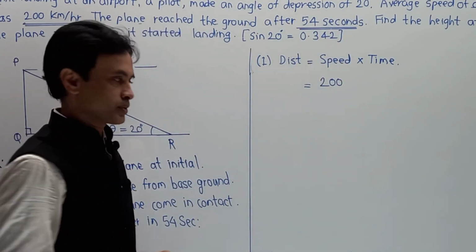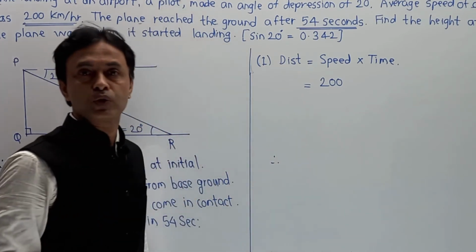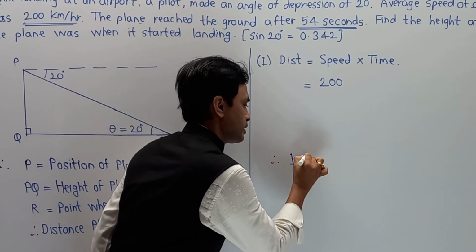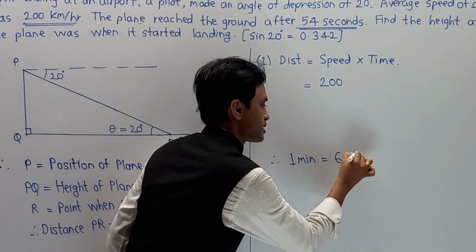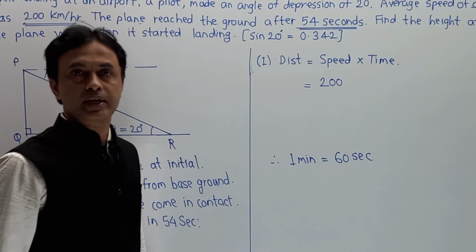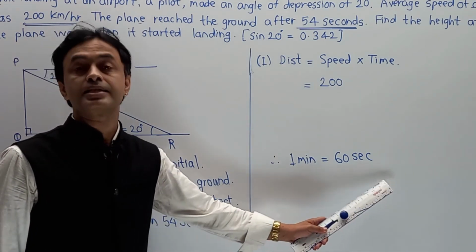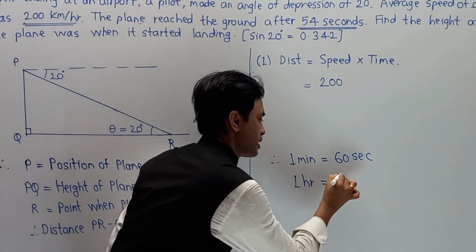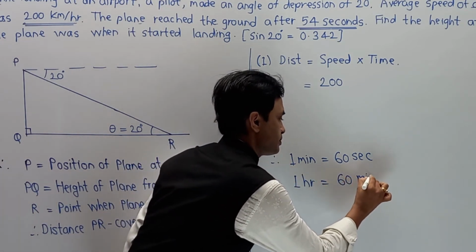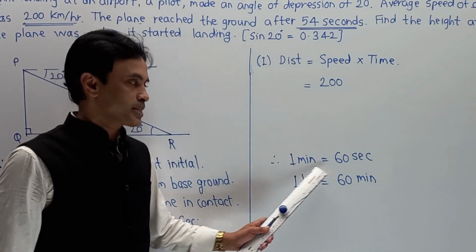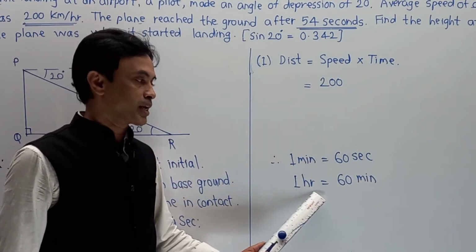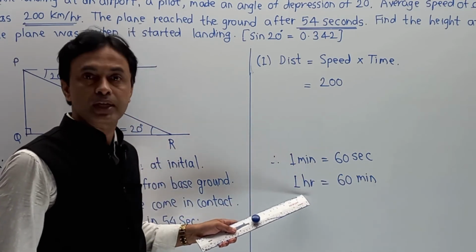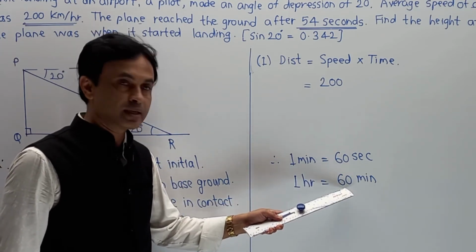So step 1, some basic part for your own knowledge. In 1 minute there are 60 seconds. Remember it very carefully. In 1 minute there are 60 seconds, and in 1 hour there are 60 minutes. This is the seconds and we have to reach hours, which means we have to multiply 60 into 60.